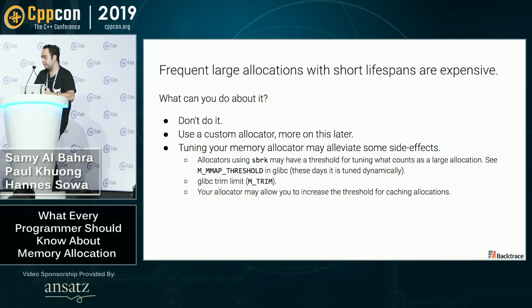The benefit of using mmap is it could unmap just that specific mapping, and you're less likely to have fragmentation. You also have a trim limit for the top of the heap, which you could tune. And last but not least, with some allocators, if you can afford the memory, you can also increase the threshold for when allocations are cached.